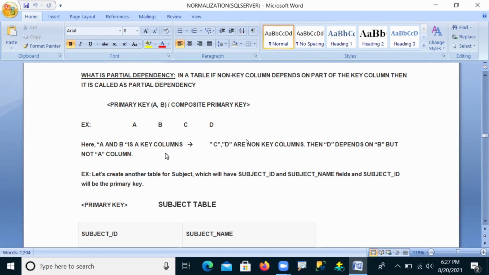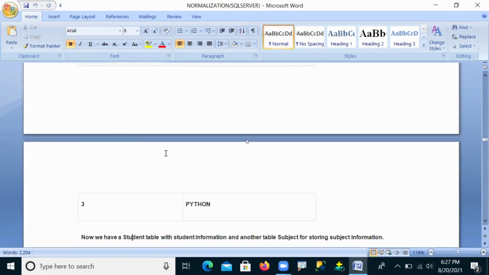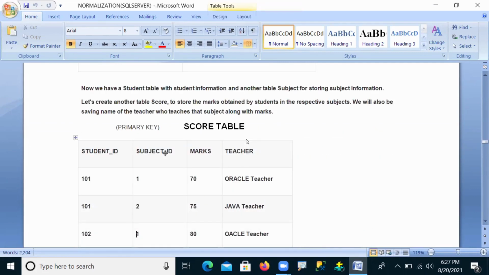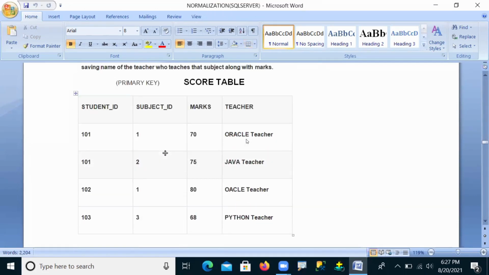Okay, right. Now you understand the definition. And here our second normalization technique is telling us that your table should not contain partially dependency columns.